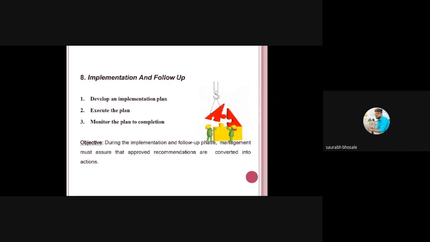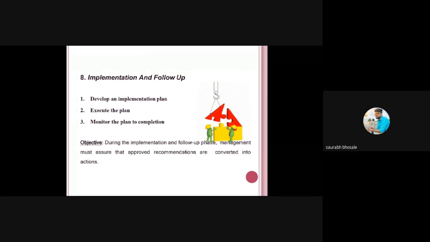Okay, and it is the requirement of industry. If you have any plan, then that plan should be percolated to the end of the worker, or we can say to the end of the hierarchy of that particular system or industry.